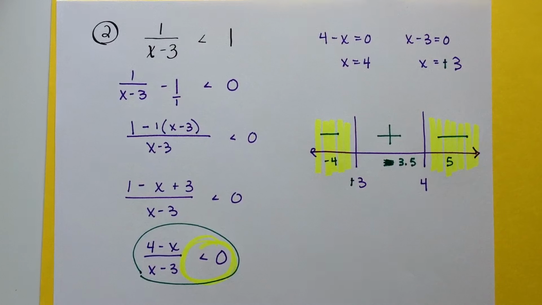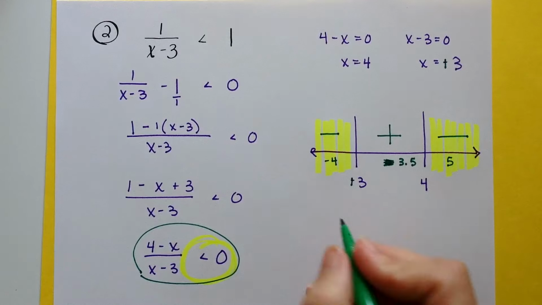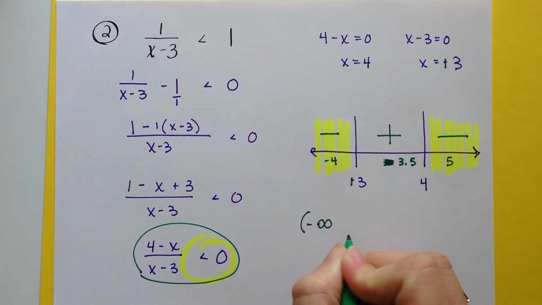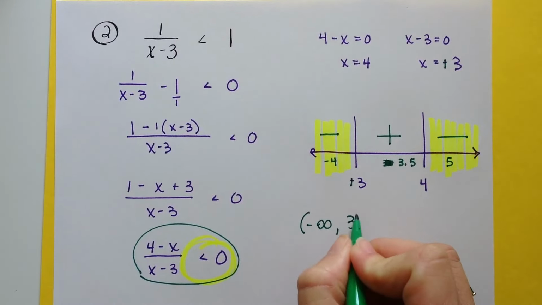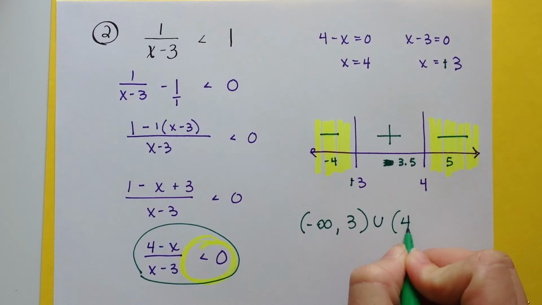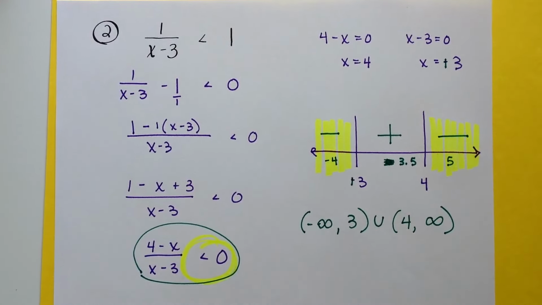Now, a while ago when I was stressing to you about making sure you don't ever include the value that comes from your denominator, in this case, that's really not anything you have to worry about because this doesn't even have the line underneath the inequality anyway, which is going to mean use parentheses all the way through with your answer. So we'll have negative infinity to positive 3, and then from 4 to positive infinity. So there's your answer for that.